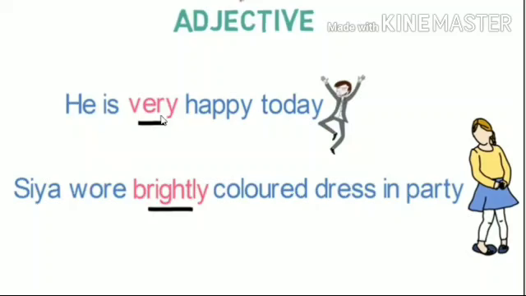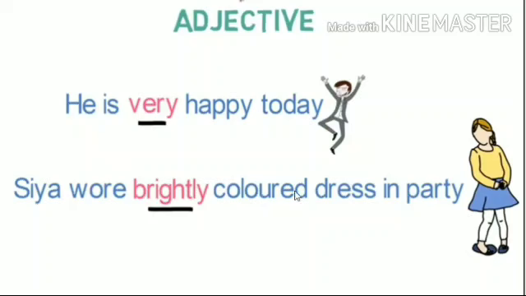Okay, the next sentence we have is, Shia wore brightly colored dress in party. Can you identify the adjective here? Shia wore brightly colored dress. Dress is the noun and the word colored is describing the dress. That means colored is an adjective here. Now here you see the word brightly.